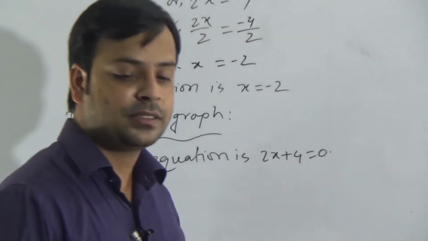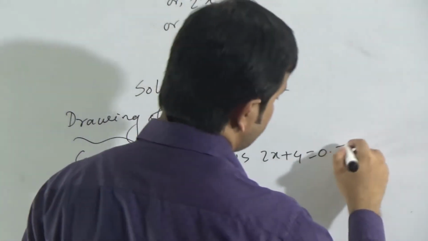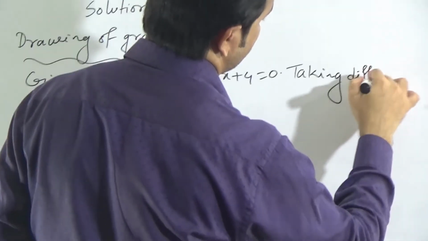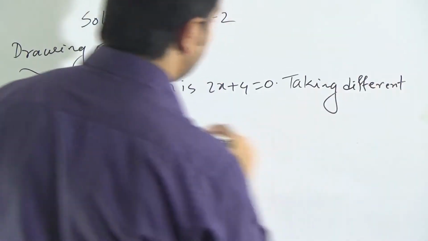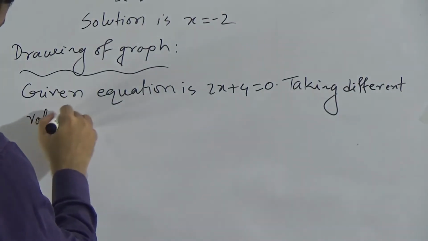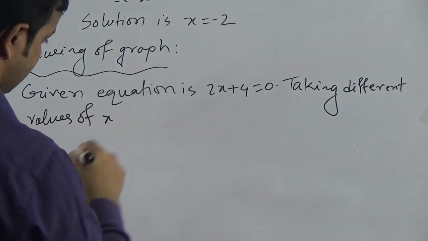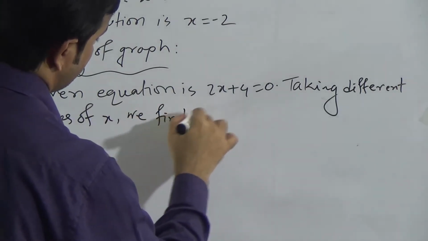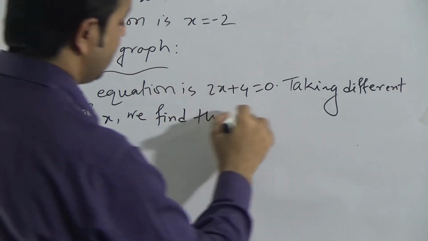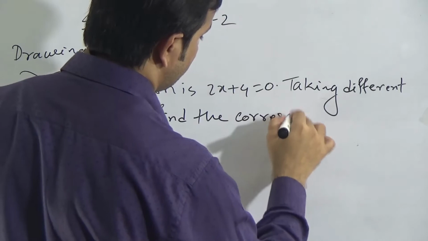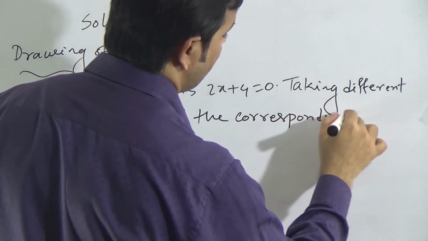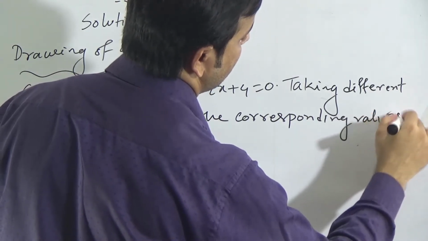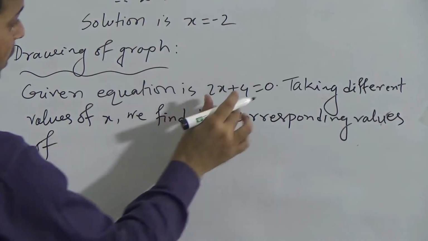So we can say, taking different values of x, we find the corresponding values of only the left side.